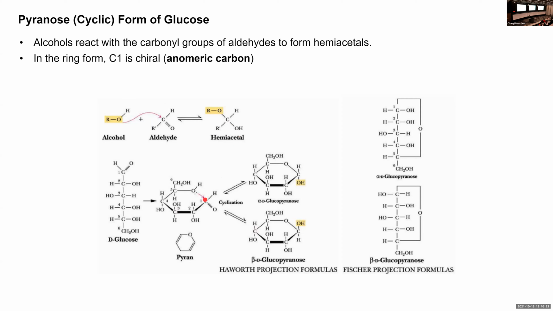And when you look at this structure, which is about to be a cyclic form, here's an alcohol, OH, and here's an aldehyde group, and basically this looks exactly the same as this, right?